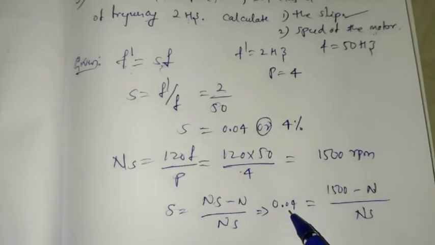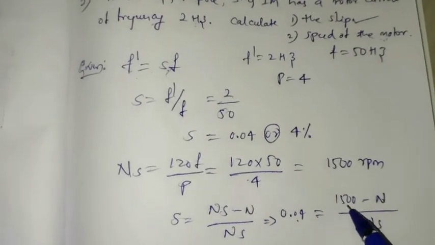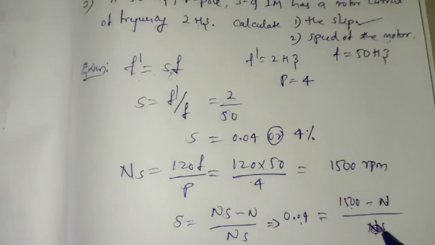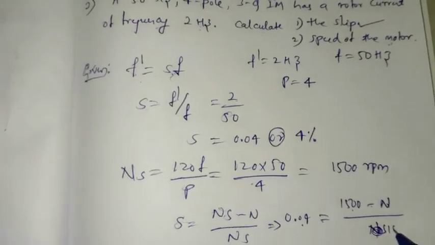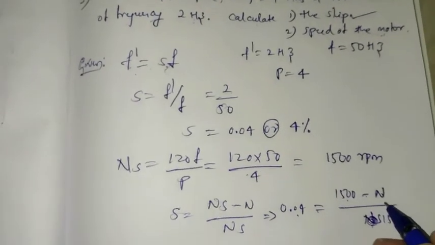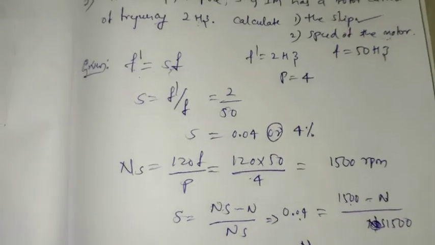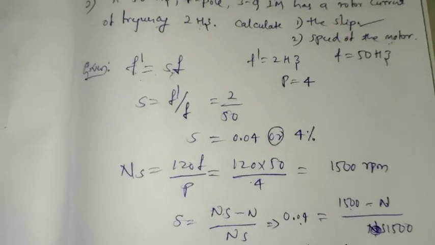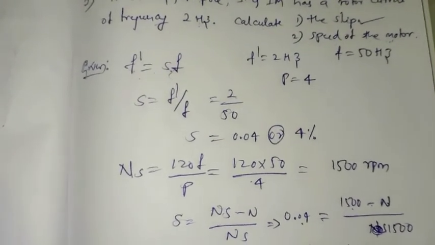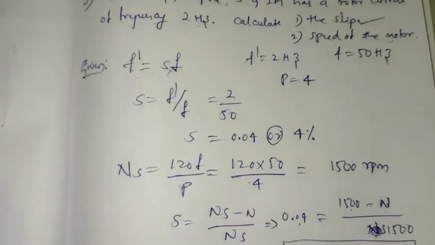So 0.04 is equal to (1500 minus n) by 1500. Separate only the n value, and you will get 1440 rpm. That is the speed of the motor.